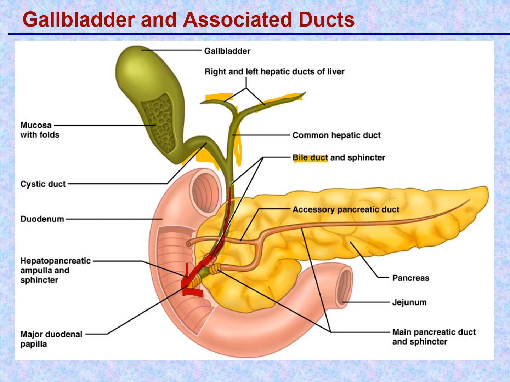Notice that there are sphincters which can control whether secretions come out of the bile duct, and also secretions coming out from the pancreatic duct. So these sphincters positioned here down at the end can control flow of bile or pancreatic enzymes through those muscular sphincters.